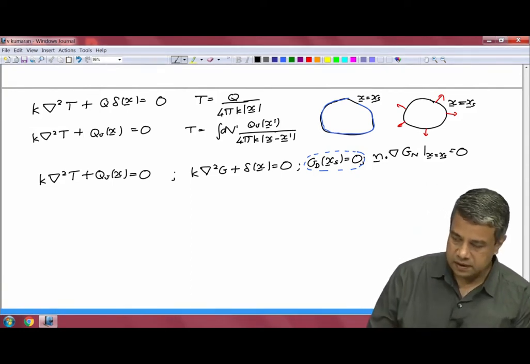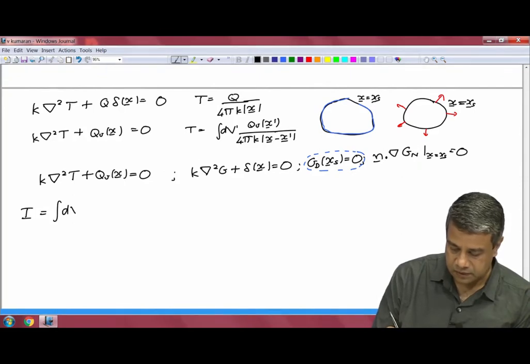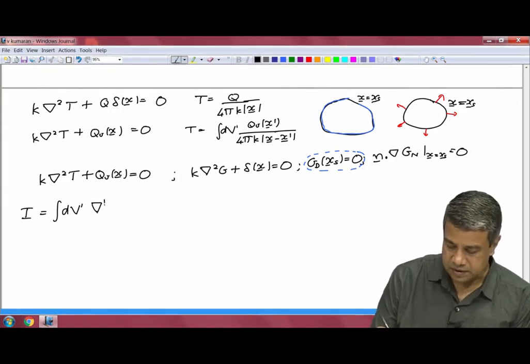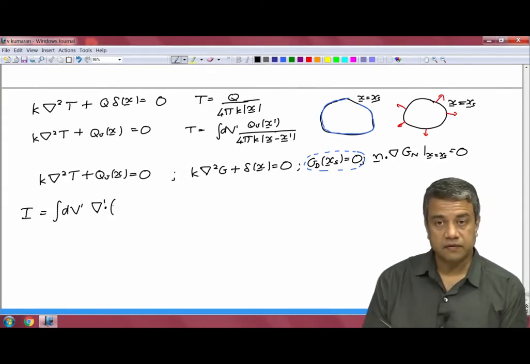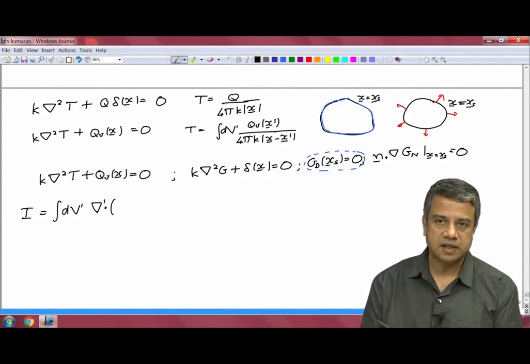So, let us define the integral I is equal to the integral over the volume of the source of the divergence with respect to the source point, not the observation point. Here the source point is x prime.